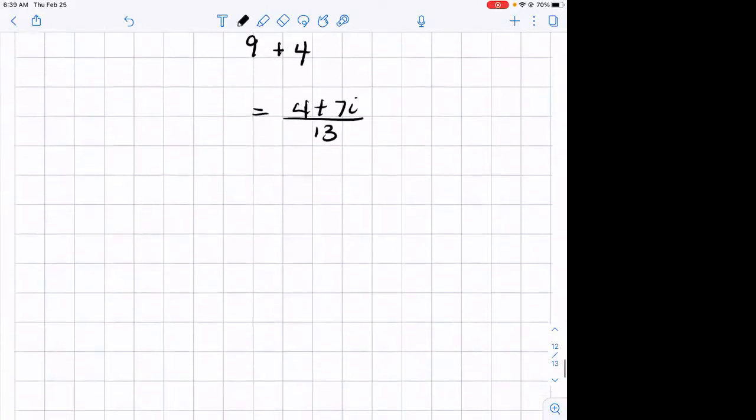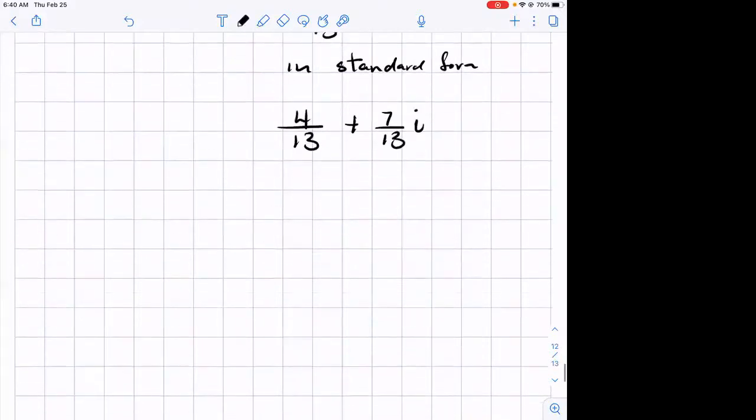And now we can write it in standard form. In standard form, this becomes 4 over 13 plus 7 over 13 i. So here we have the real and the imaginary part.